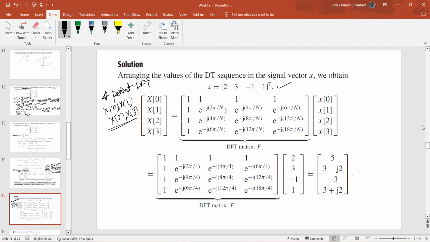Corresponding to these four coefficients, the DFT matrix will be equal to this. Now we have to take the matrix multiplication of this DFT matrix with the input sequence that is given to us. Once you multiply, the final response that you get remains the same, like in the previous problem where we got the same expression.